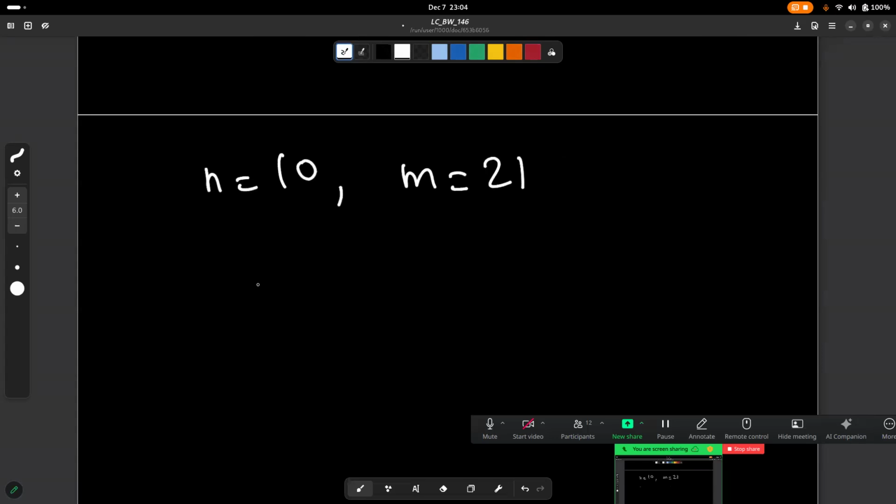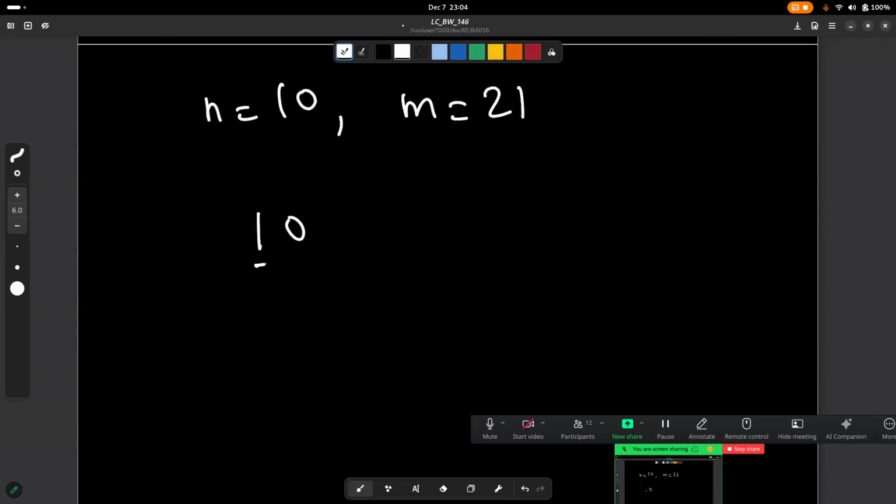Now you start with n equal to 10. You choose one digit. So let's just consider the first digit. My digit is 1. What I can do is increment this digit to make it 2, or decrement this digit to make it 0.